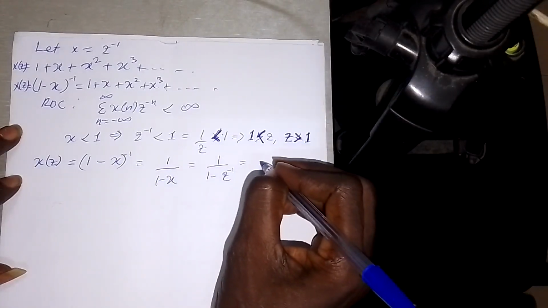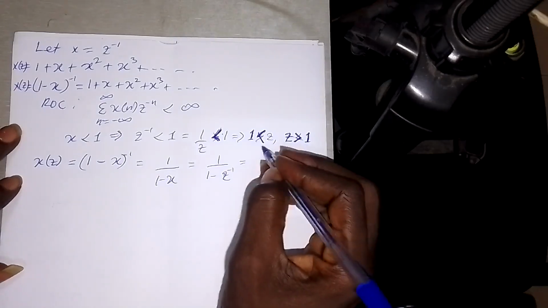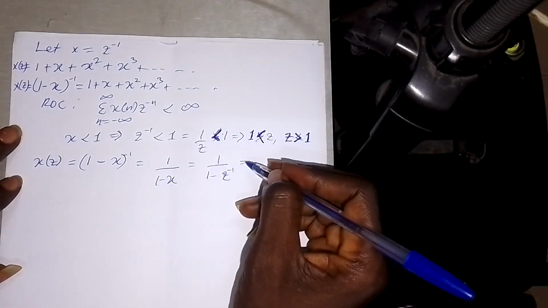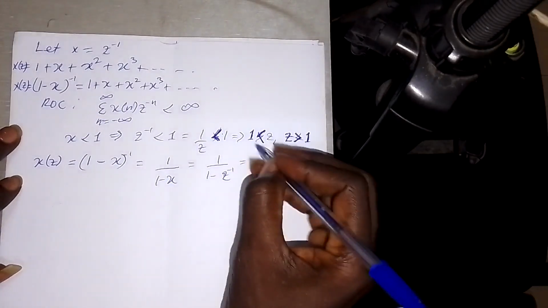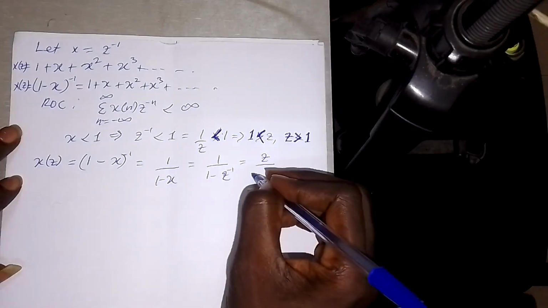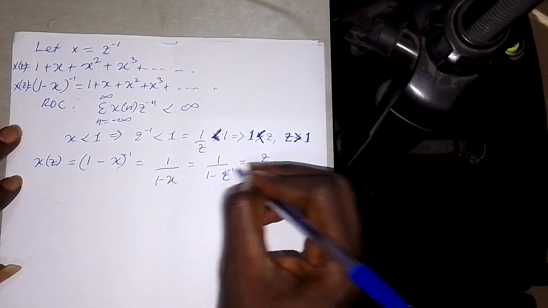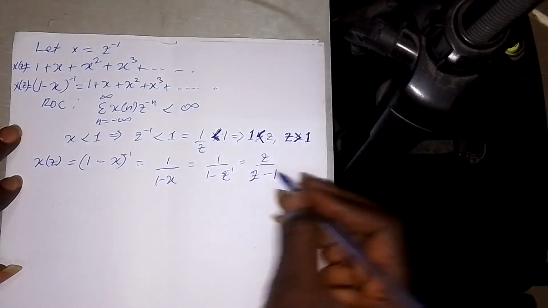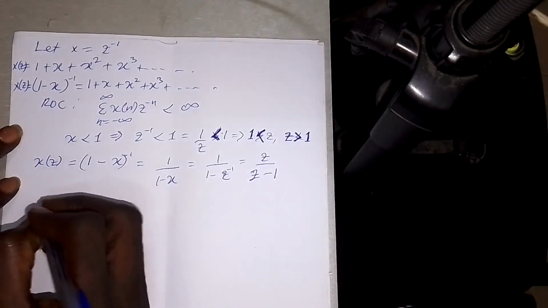Which is equal to, if I multiply through by Z, I'll have Z here, and then I'll have minus 1 here. So this becomes the Z transform.